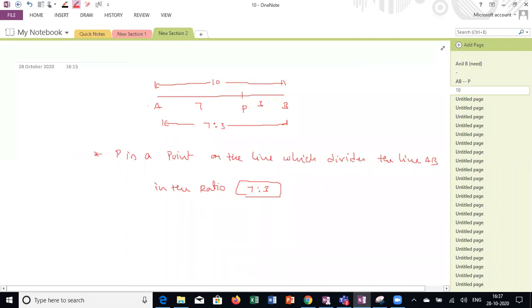Suppose I'm giving a point A and a point B. Instead of giving the points like this, point A is x1, y1 and point B is x2, y2. P is a point in between A and B, that is, it is dividing the line internally.